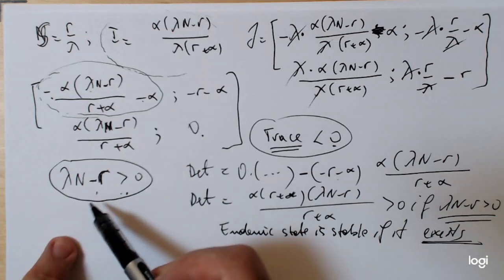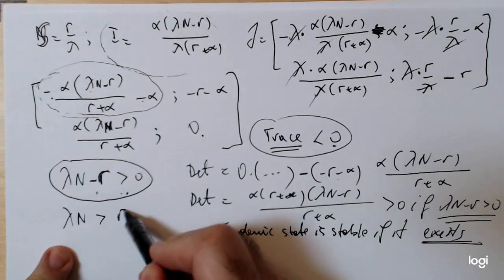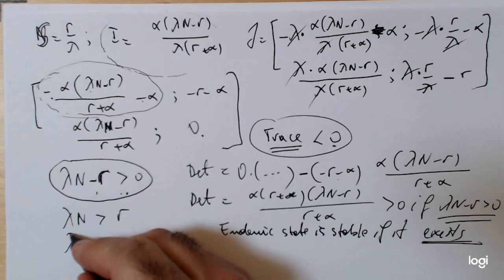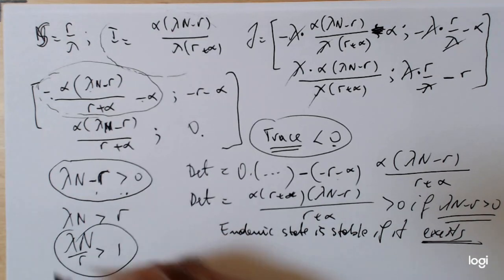So how do we rewrite this in terms of something compared to 1? Just like before, move r to the right. So the condition of stability for the endemic state is lambda n over r greater than 1.